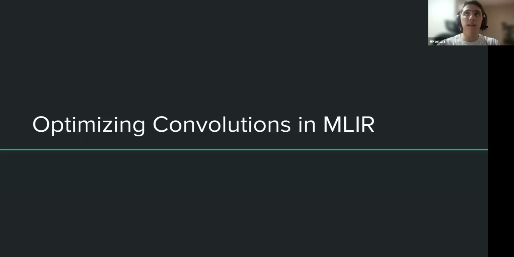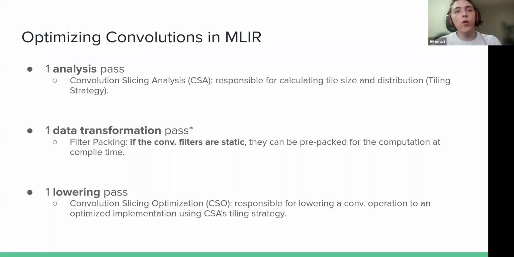So this is the second section, optimizing convolutions in MLIR. How do we do this in MLIR in a compiler environment? We use three compiler passes: one analysis pass, a data transformation pass, and a lowering pass.